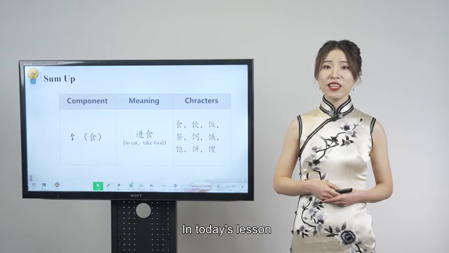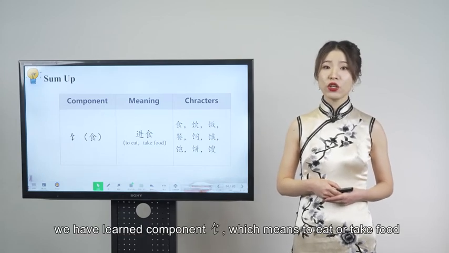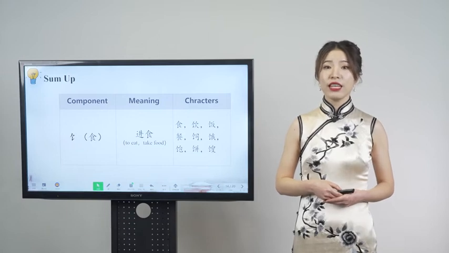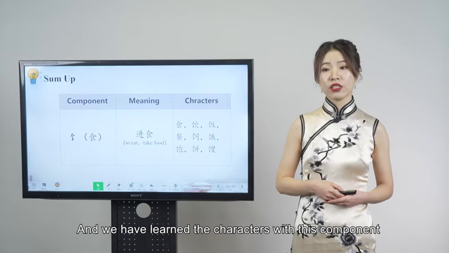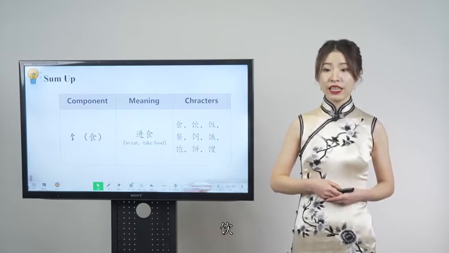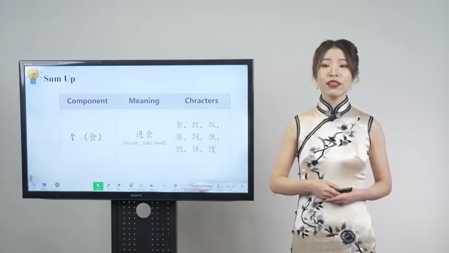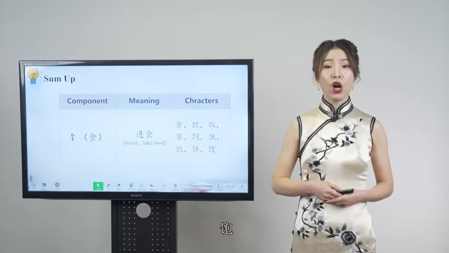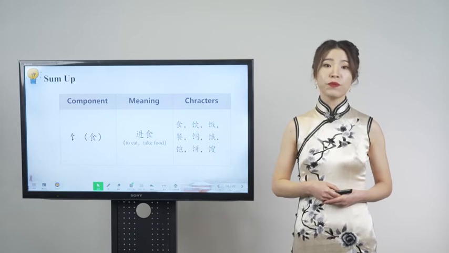In today's lesson, we have learned the component 食, which means to eat or take food. And we have learned the characters with this component, like 食、饮、饭、餐、饲、饿、饱、饼、馊.